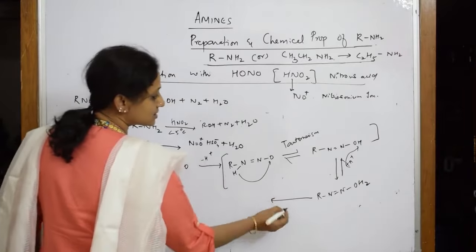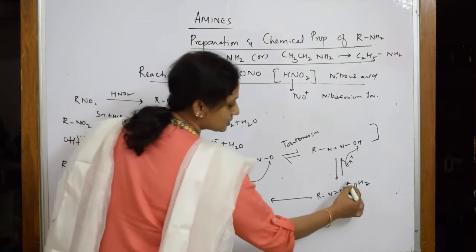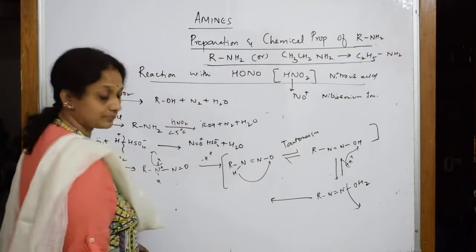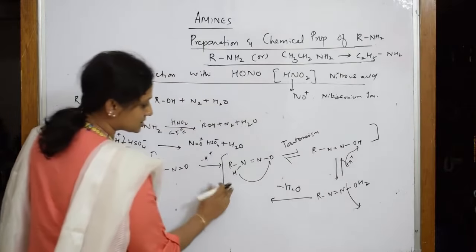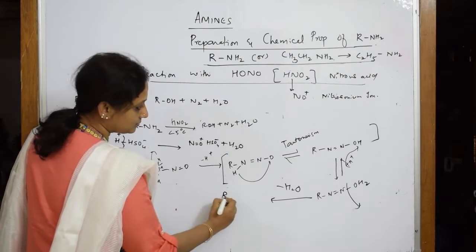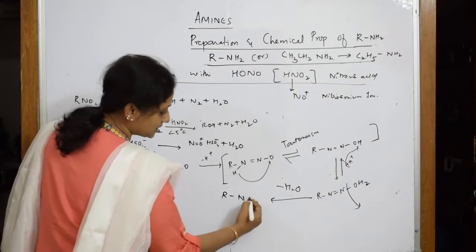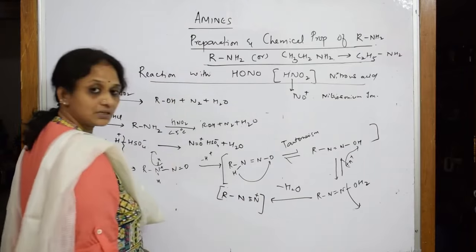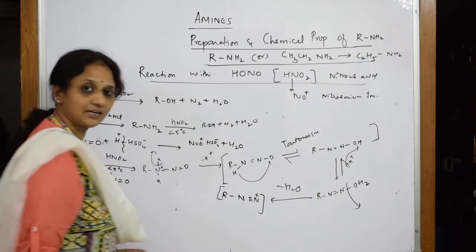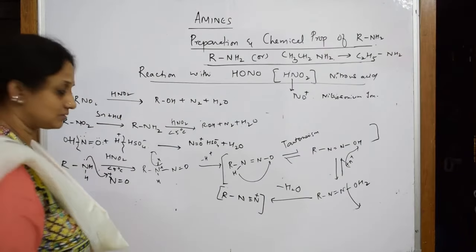Now when I take this, just simple, there's a cleavage of the bond here, minus water. What am I left with? I'm left with R, N, triple bond N plus. This is a cation, a diazonium cation.